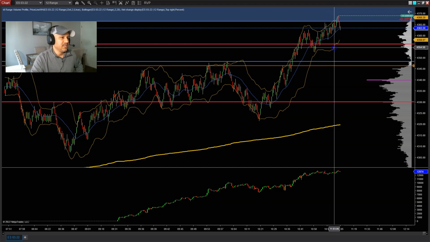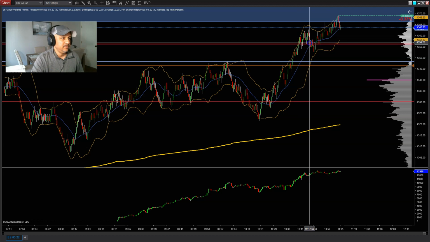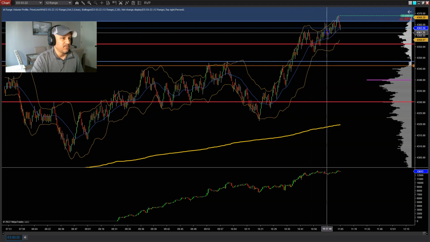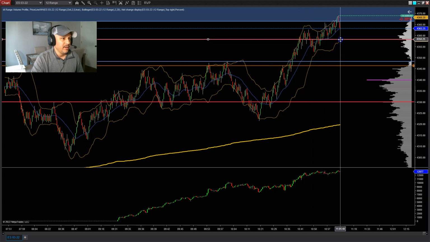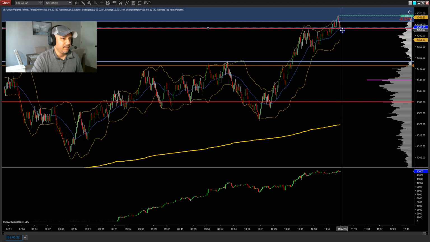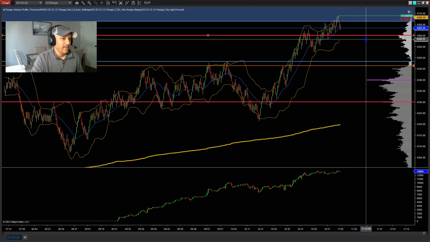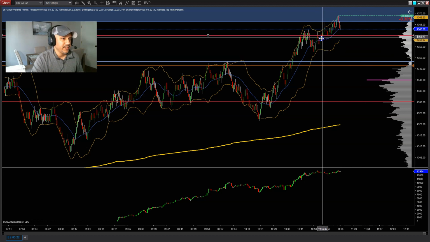So let's see what price does with it. Price could bounce anywhere over here, maybe down a little lower, somewhere in this area right here.